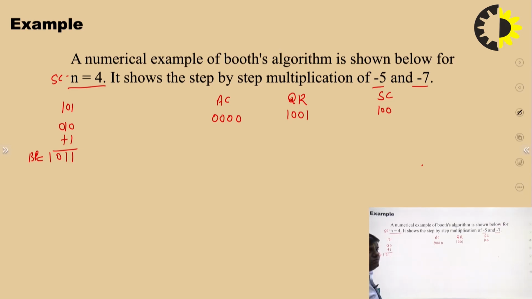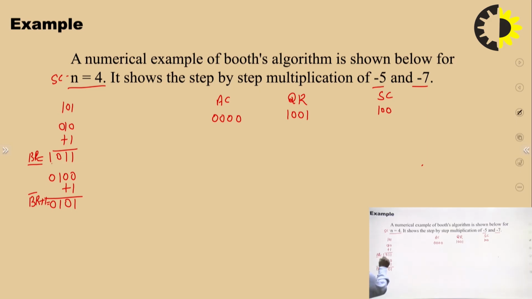Now, we find again BR plus 1. Now, that is 0 1 0 0. Yes, that is 1 0 1 0, that is the BR plus 1.